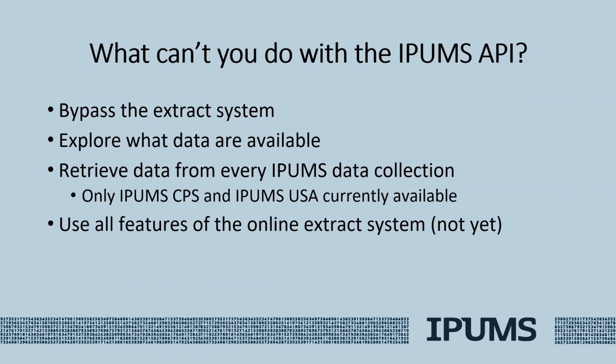I will say our amazing product team has been hard at work trying to increase feature availability for the API, and we hope to be able to share those with you soon. But as of today, features like attach characteristics or select cases are not available via API. Yes, but more coming soon.